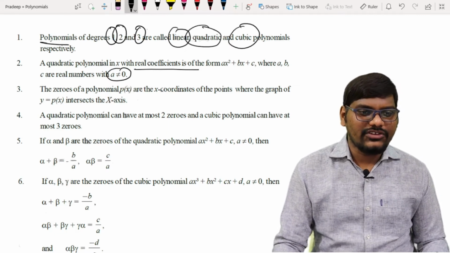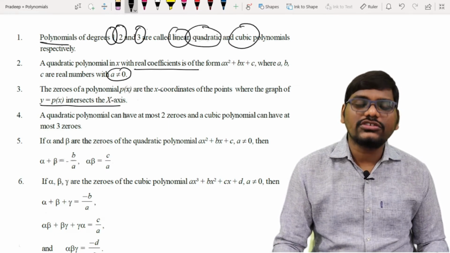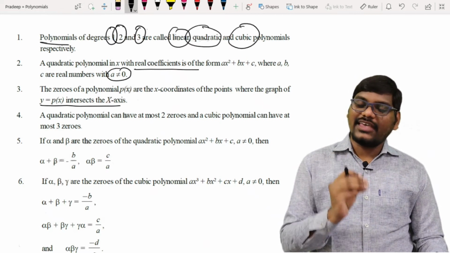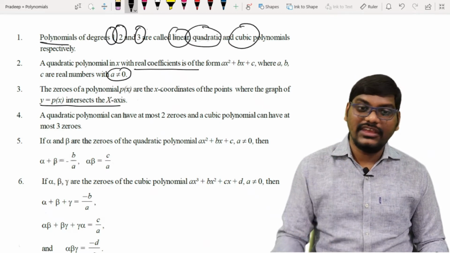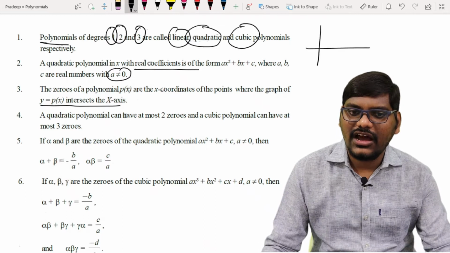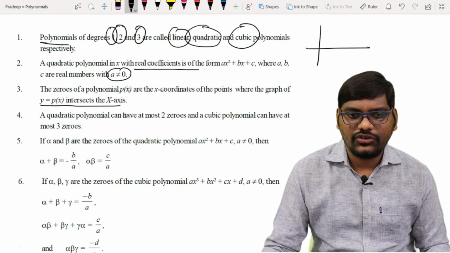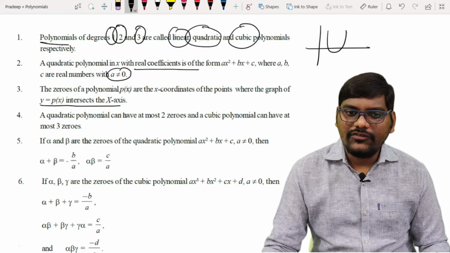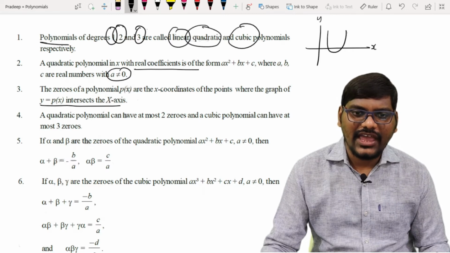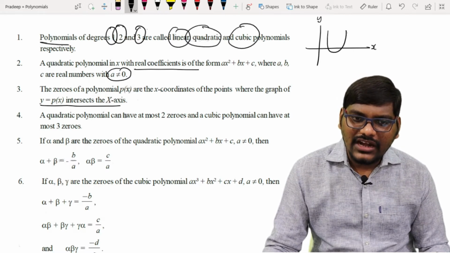And the third point: we were checking the zeros of the polynomial with respect to the x-axis. From the beginning we were checking in the graph. Suppose a graph is made like this, this is the x-axis and this is the y-axis. The graph is touching the x-axis over here and over here.